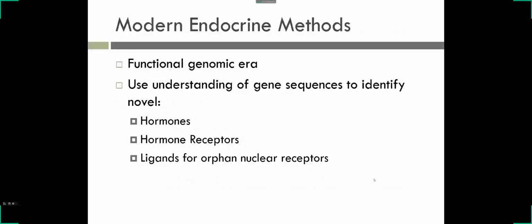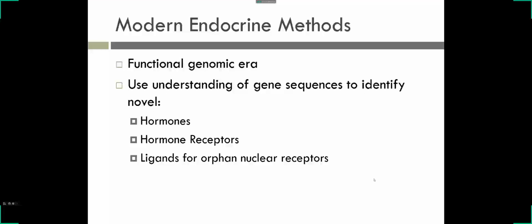This relatively simplistic, crude approach of isolating a gland and purifying the protein was replaced with what's called the functional genomic era. In this case, we use an understanding of gene sequences to identify novel hormones, hormone receptors, or ligands for orphan nuclear receptors.